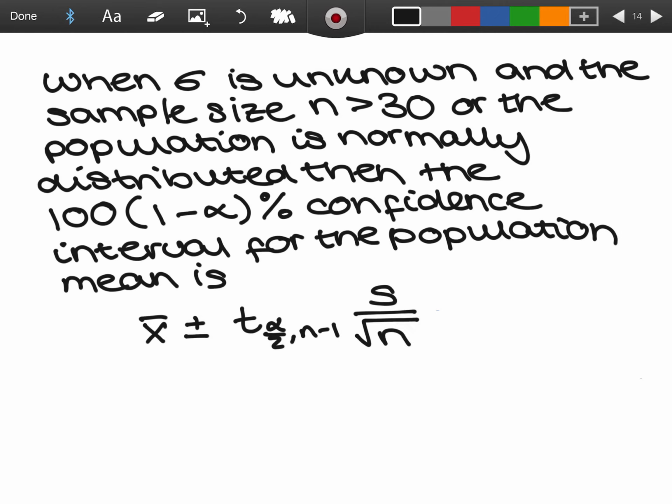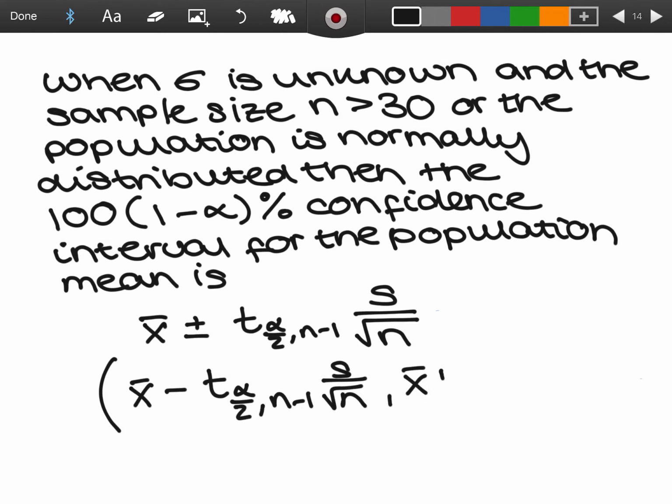It looks very similar to what we've had before. There are just a couple of small things. We're still starting out with our sample mean, and then we're going to add or subtract to give us our lower and upper bound. So your lower bound would be this value, and your upper bound of the interval would be this value.